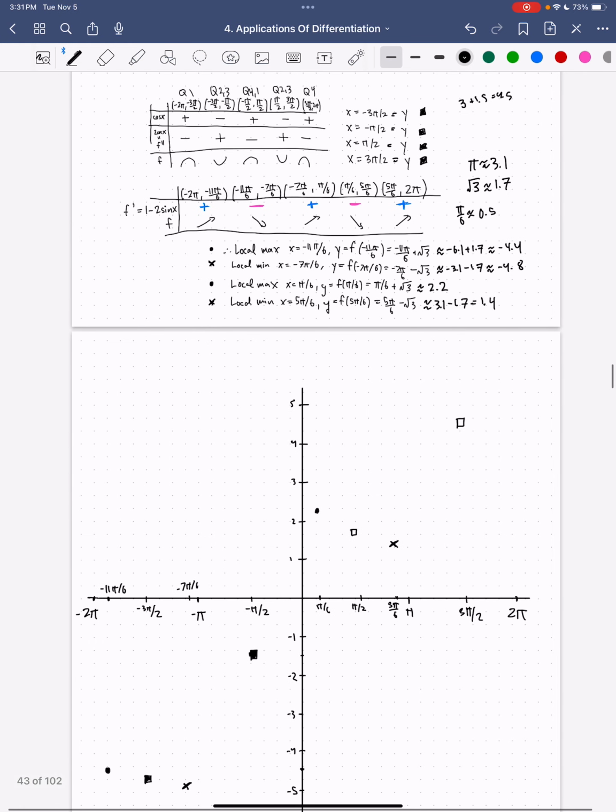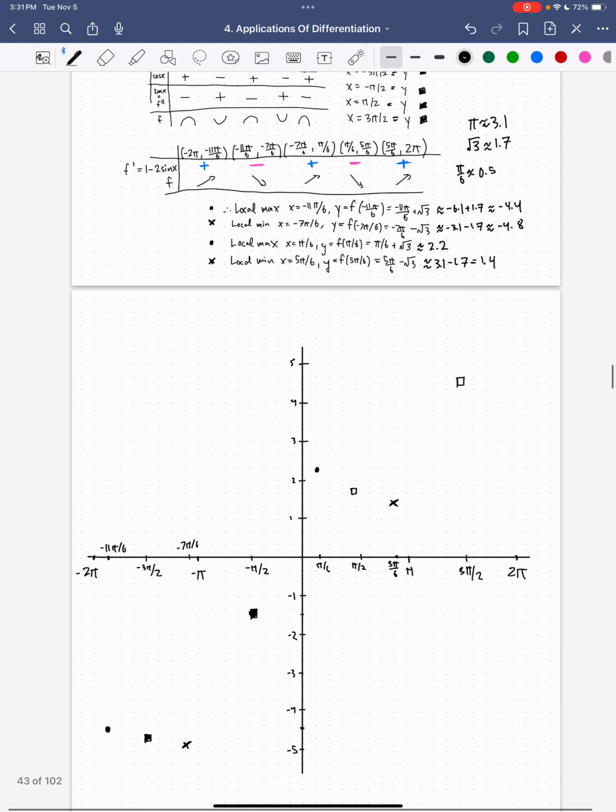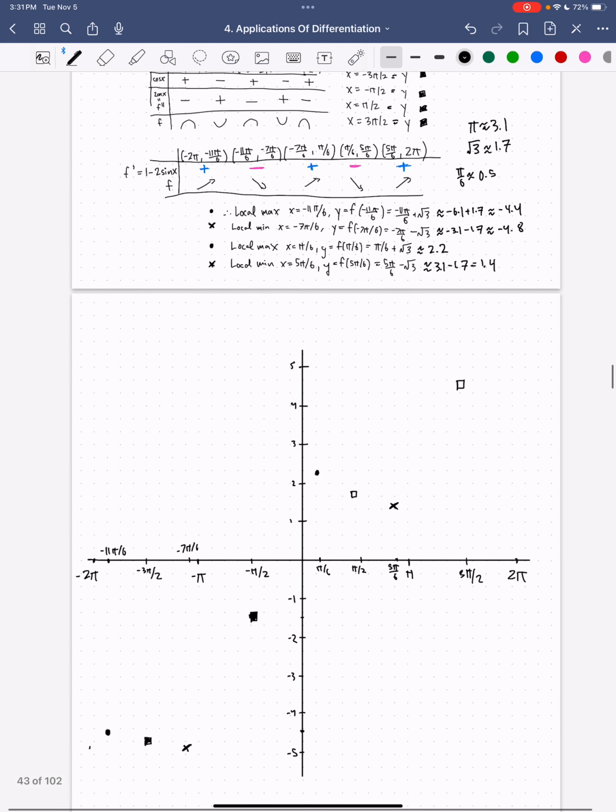So let's see what happens in this very first piece. We know that we're going to be increasing starting from negative 2 pi, and the first important number that we hit is at negative 11 pi over 6. So from negative 2 pi, we're increasing, and we can see that we're concave down.